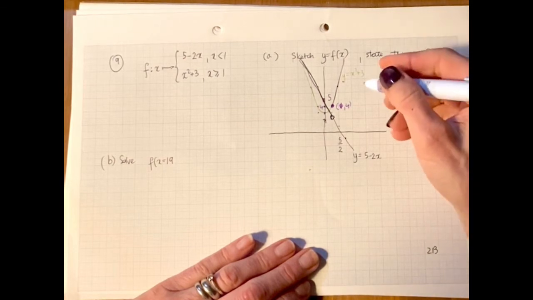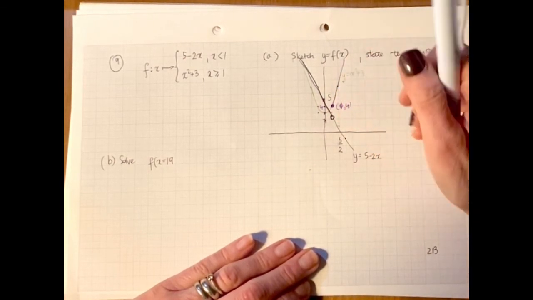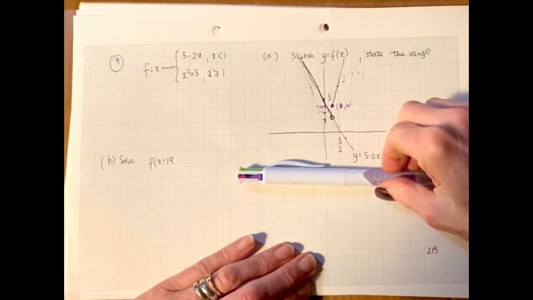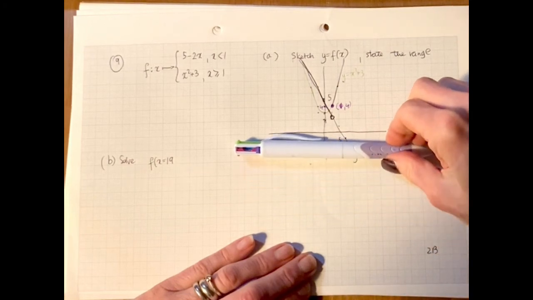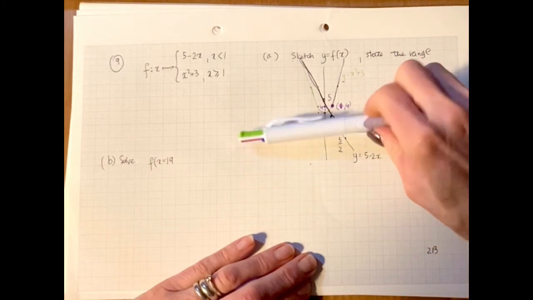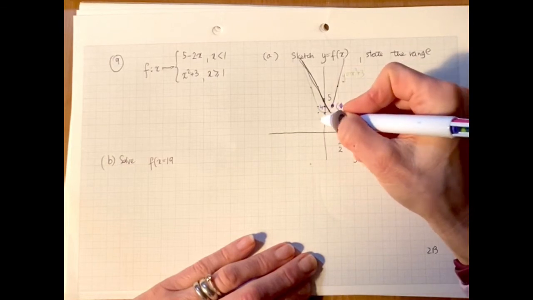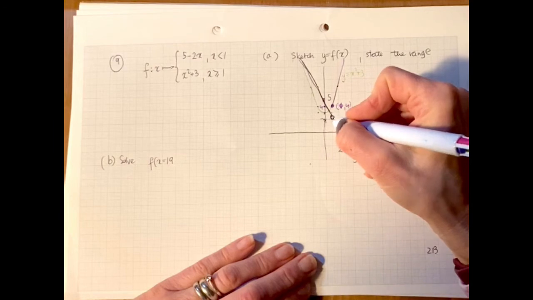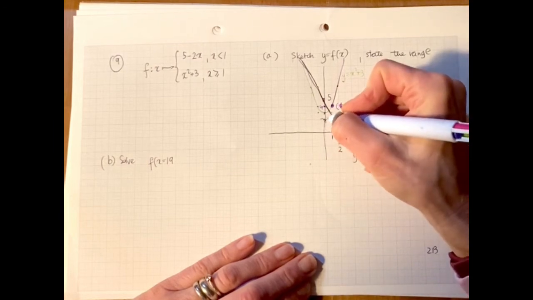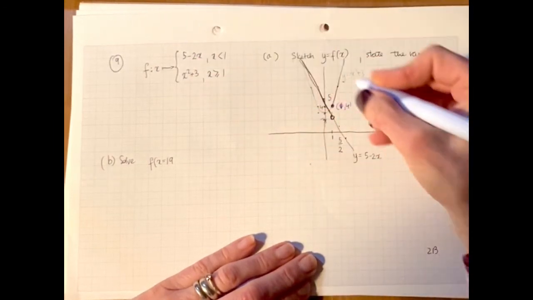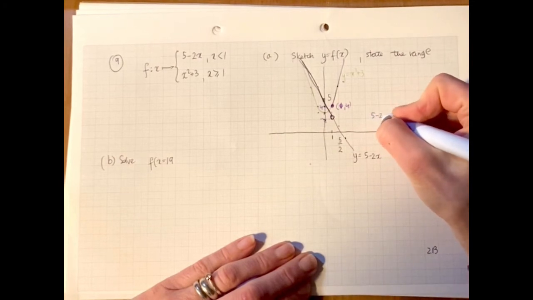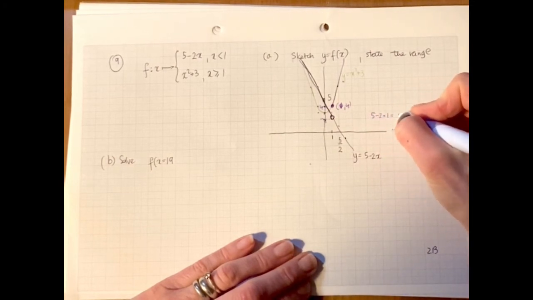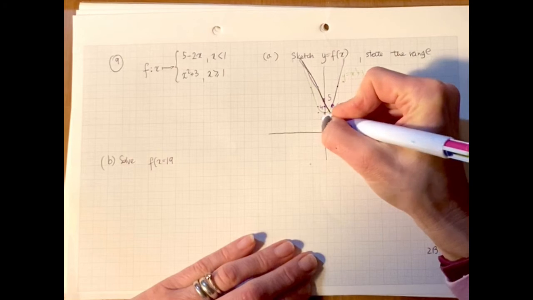Now state the range. So the range of this function is, you could just imagine going up the y-axis. Your first value you're going to obtain is when you hit this value here. So that was when x was equal to 1, and if you work out what it is, it's 5 minus 2 times 1. That will take you up to 3.